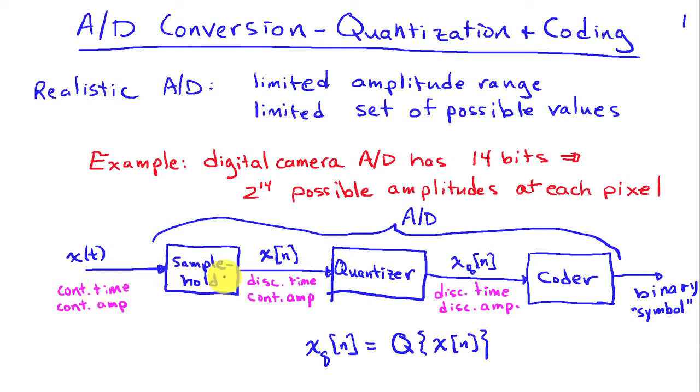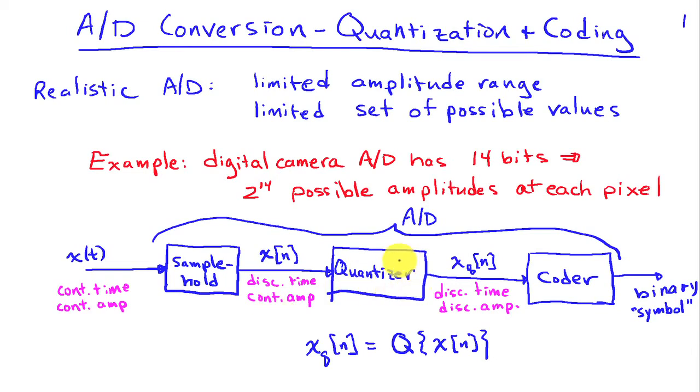Then we can think about a sample and hold operation that extracts the values of x of t at particular instants in time. So we've converted from continuous time to discrete time, and that's x of n. Now at this point, we're assuming that the values that x can take on are continuous. That is, any amplitude value is possible.